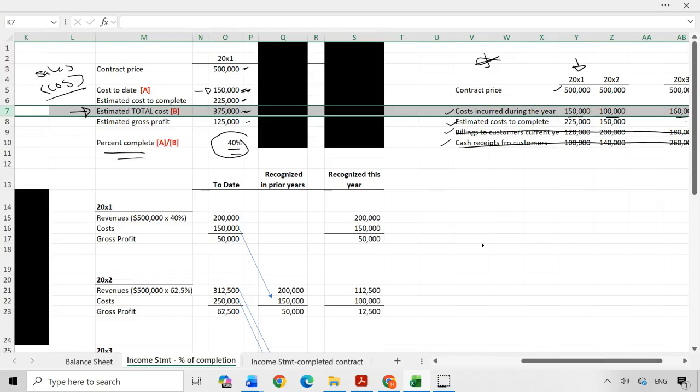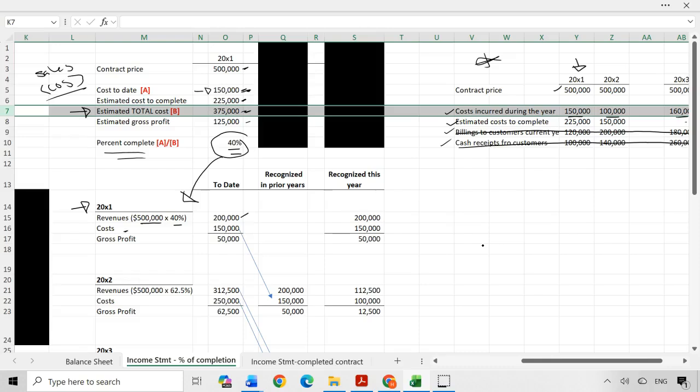In 20x1, I'm right here, I'm going to look at my revenues. This is the amount of revenues I'm going to recognize at the end of year one: my total contract price of $500,000 times my percent complete, which gives me $200,000 of revenue.